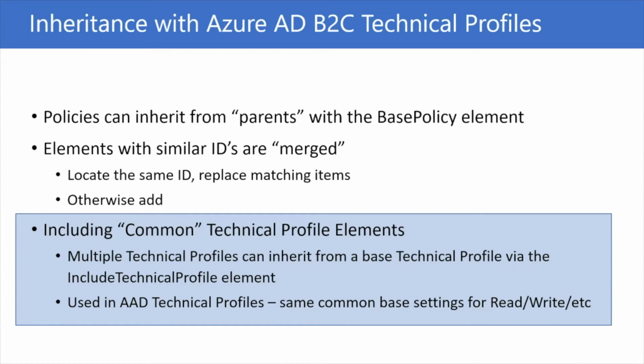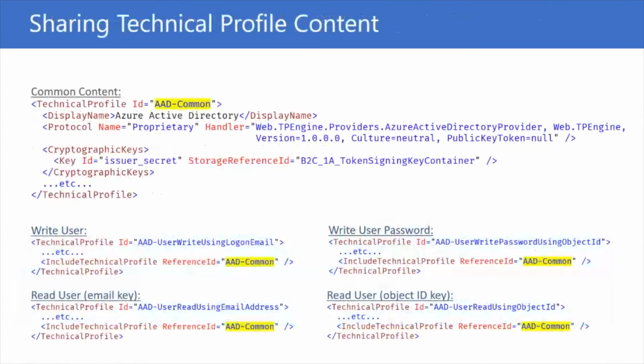This is most often used in Azure AD technical profile declarations. To illustrate, here we see an example of sharing technical profile definitions through the include technical profile declaration. You see the four technical profiles on the bottom all include an include technical profile reference to the AAD-common technical profile.